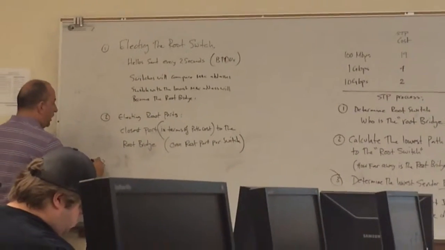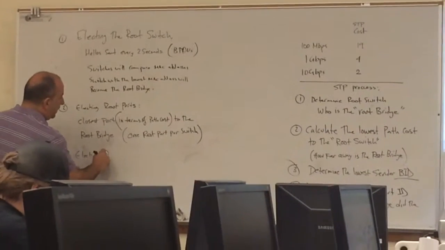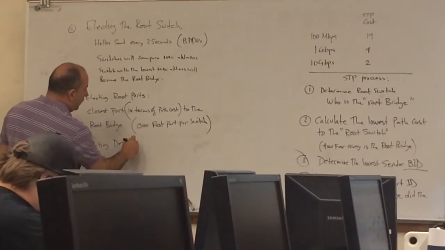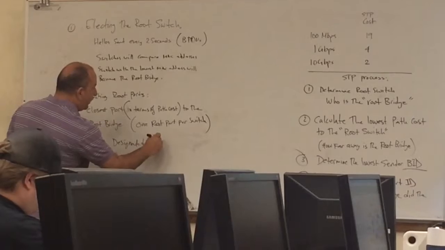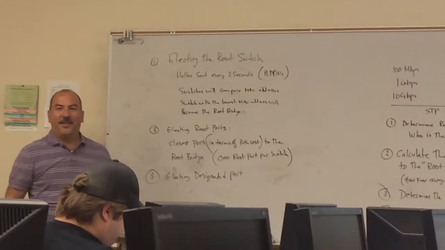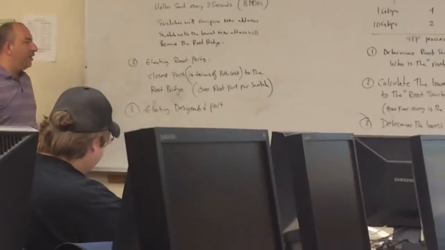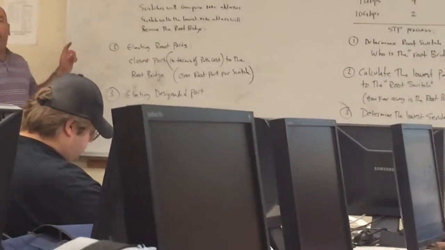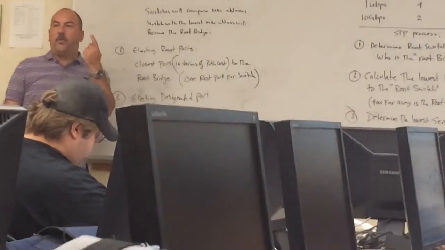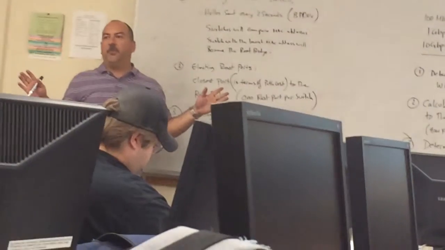So the next thing is electing designated port. Are you guys still there, or did you fall asleep? No. We're almost there, we're almost there. So when you say one root port per switch, and I already assigned it, the other ports cannot be roots anymore.